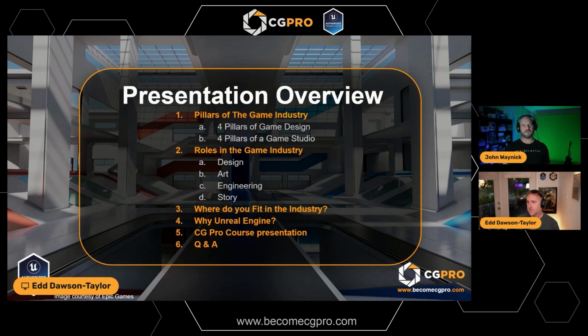And a lot of that's going to come down to tackling the 4 pillars of the game industry and how those apply to different roles within the game industry, how you would break into it, what to look for, some tips and tricks. And then, of course, answer the question, why are we using Unreal Engine for this, and how being able to use a game engine like Unreal makes you a more powerful candidate when you're trying to break into the industry.